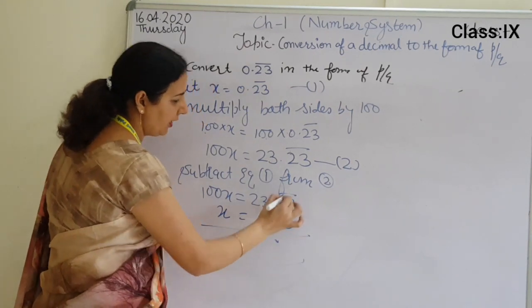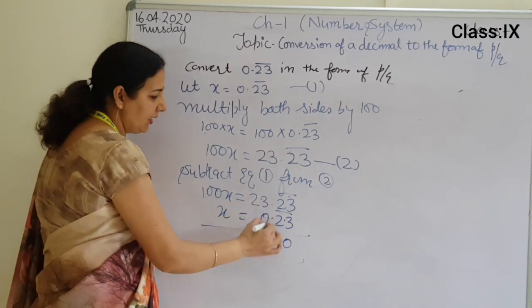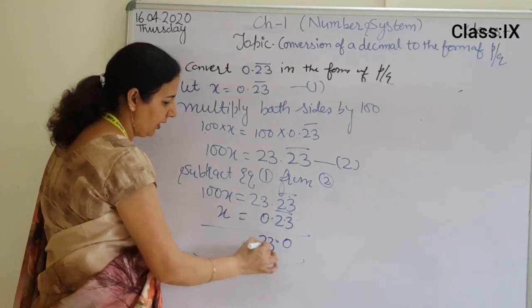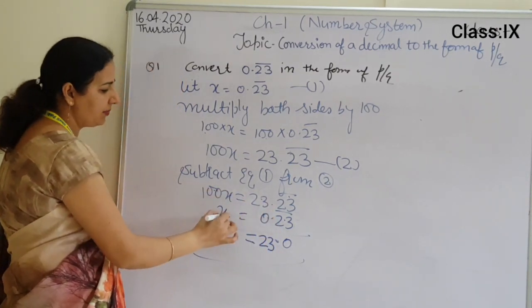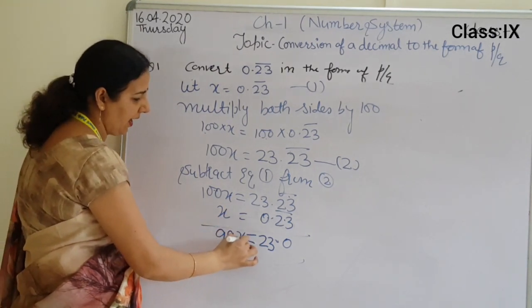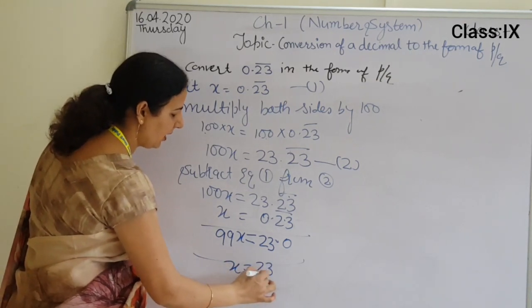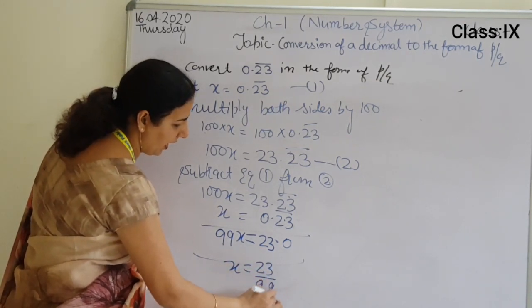Then 23 bar minus 23 bar is 0. 23 minus 0 is 23. 100x minus 1x is equal to 99x. So x is equal to 23 upon 99.